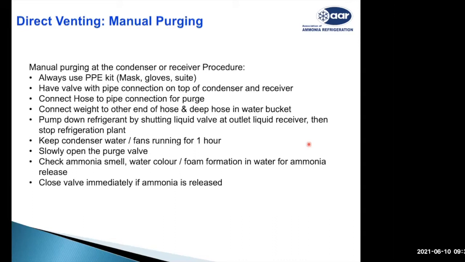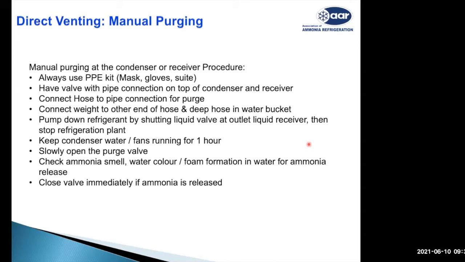You have to use a PPE kit like a mask, gloves and an ammonia suit. Have separate valves for purging at the top of the condenser and receiver, connect a hose pipe to this valve, connect a dead weight to the other end of that hose pipe, and then dip it into a big water bucket.